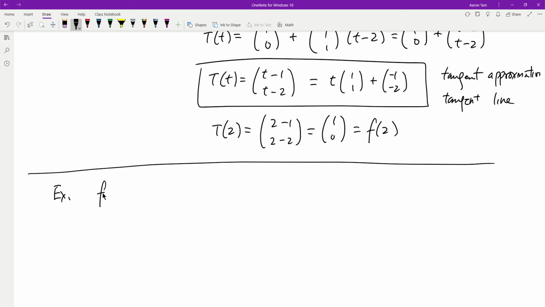But let's do this one. Let's say we're given f of (u, v) equal to (u cosine v, u sine v, v). So this is basically the helix that we have. And I'm going to go ahead and ask you to find the tangent approximation.